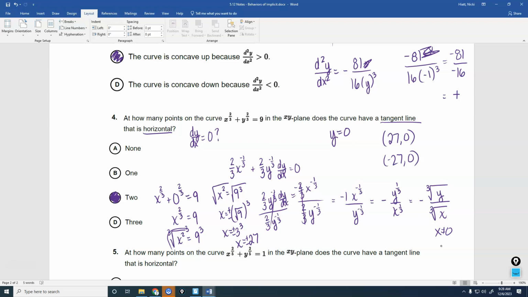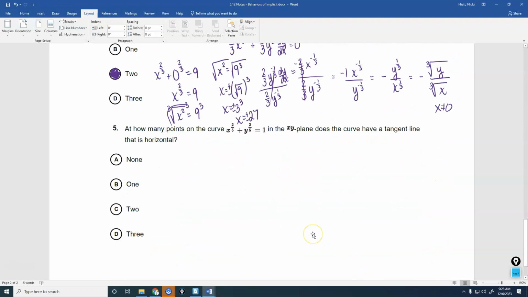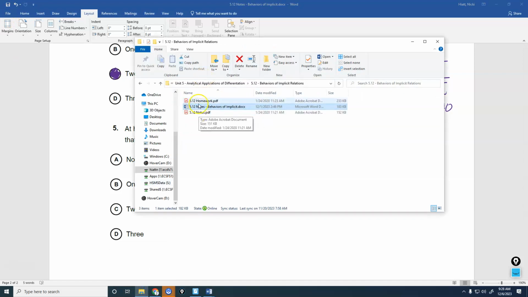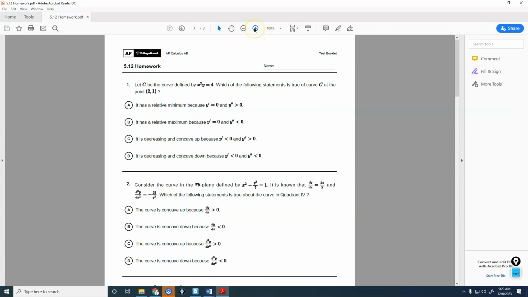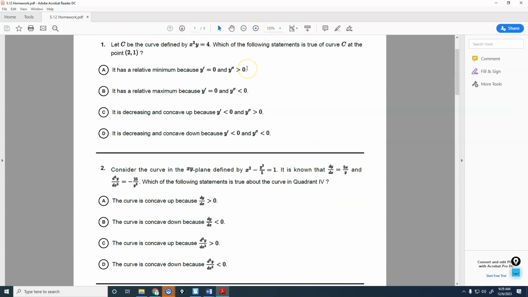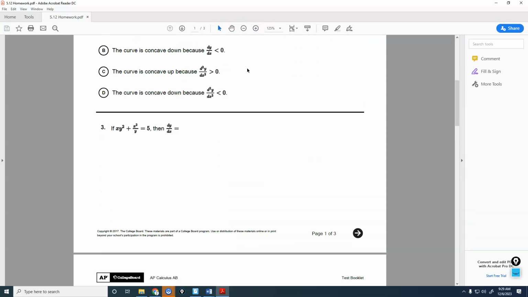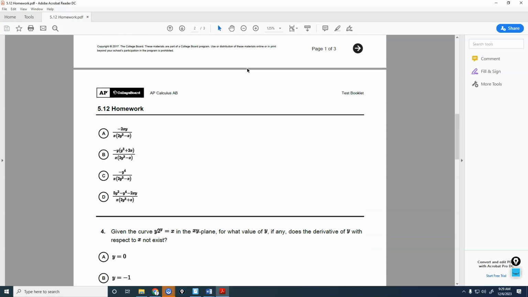Okay, we're not going to do 5 right now because 5 is like number 4, very similar, just a different denominator. Let's get the homework because there's one on the homework. I've got to remember which one it is that is similar that we have not done a problem like. No, you should be at 3.